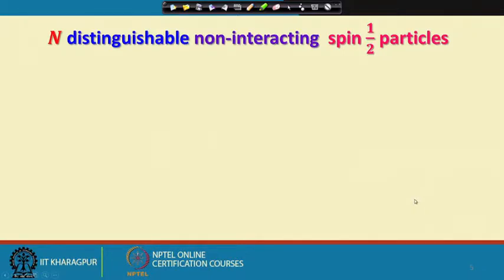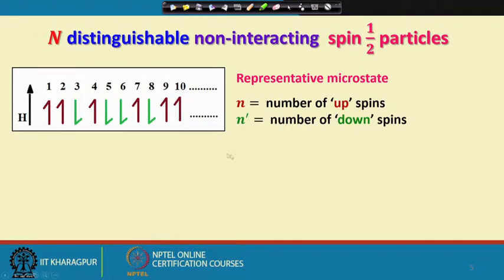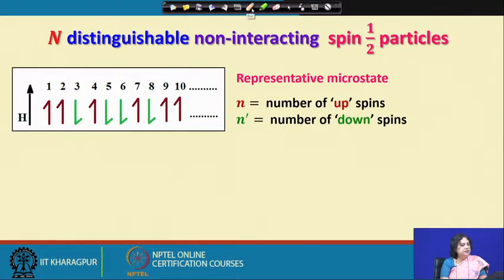Now, please remind yourself that for the sake of simplicity we are dealing with a very simple system where I have capital N distinguishable non-interacting spin half particles, and this is a typical representation of the microscopic state of the system. Why do I say that they are distinguishable?